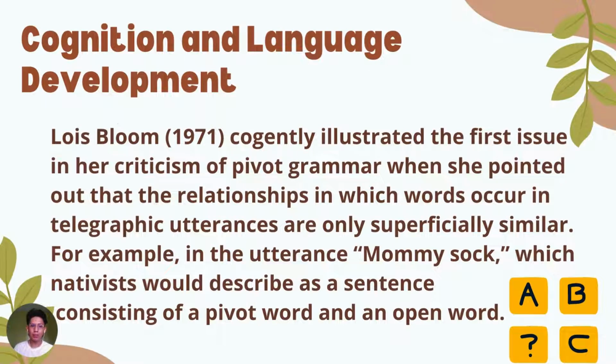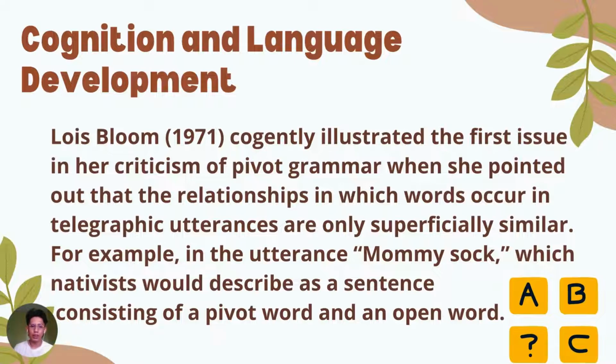Lois Bloom (1971) cogently illustrated the first issue in her criticism of pivot grammar when she pointed out that the relationships in which words occur in telegraphic utterances are only superficially similar.